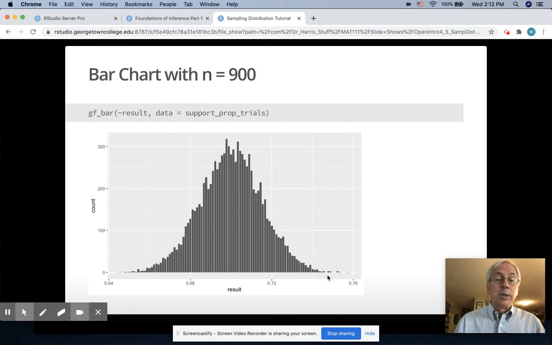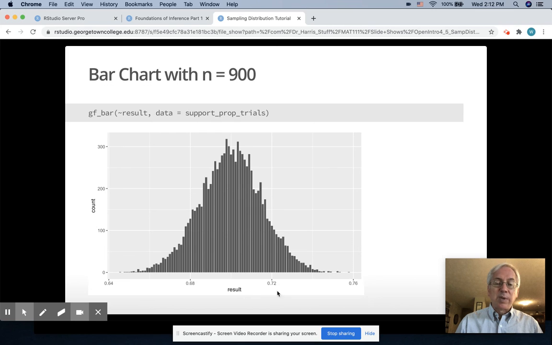And finally, if I change the sample size to 900, again I'll use a different random seed. Our distribution of the values of p hat looks like this. Again, very bell-shaped, very centered, right at 0.7. It's not on the axis this time, but 0.7 is right here. It looks like things are pretty centered around that. This time I would say that most of our observations are between 0.65 and 0.75, roughly speaking.